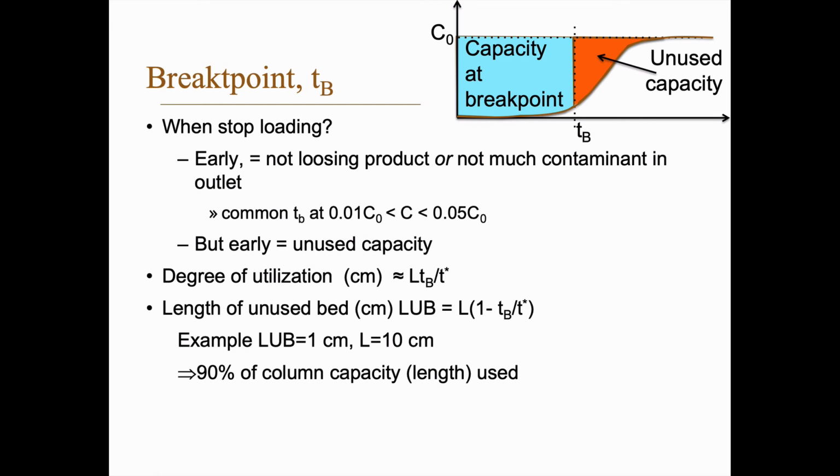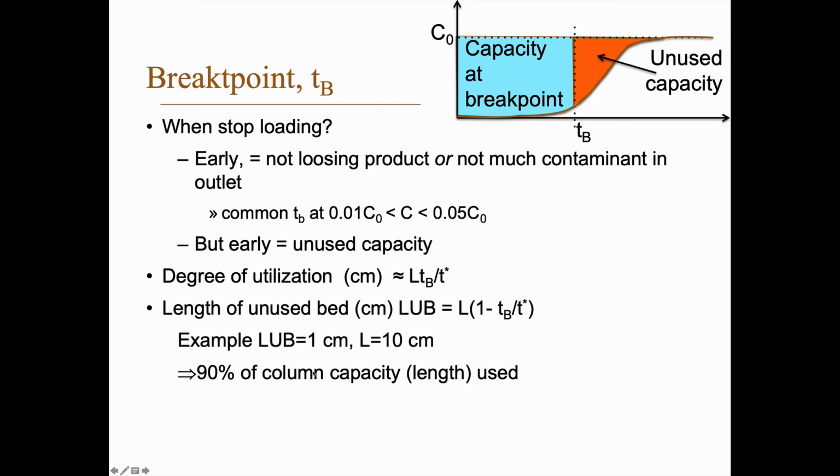And the length of the unused bed is then 1 minus that, so L times (1 minus tB divided by t star), to be more precise. And so, for example, if you have a length of unused bed that is 1 centimeter and the length of the column is 10 centimeter, then we have used 90% of the column capacity.